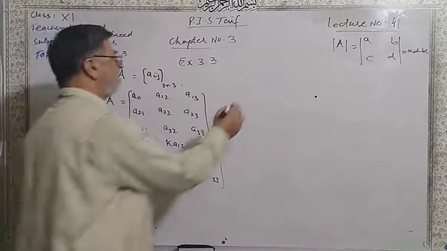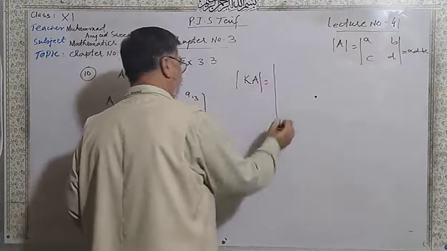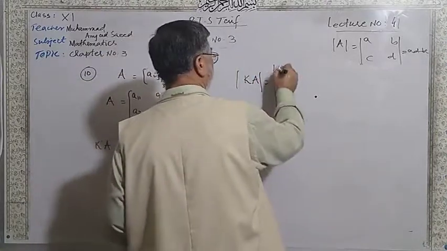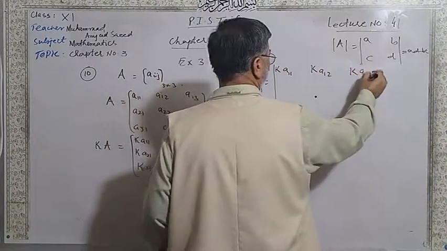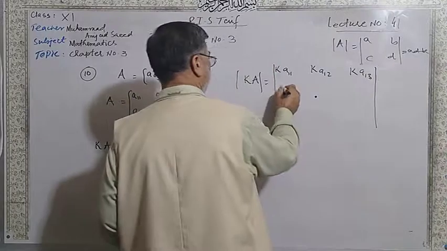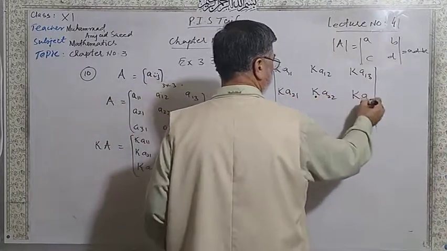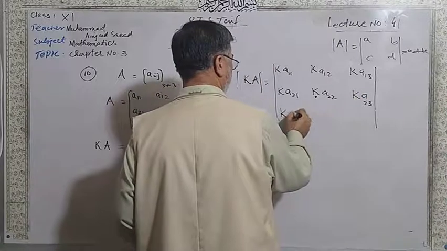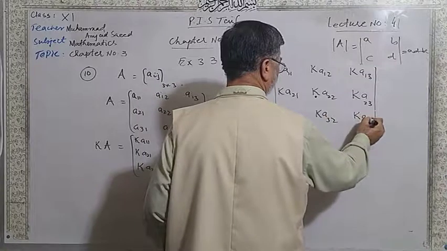After that, we will take determinant on both sides: Ka11, Ka12, Ka13, Ka21, Ka22, Ka23, Ka31, Ka32, Ka33.